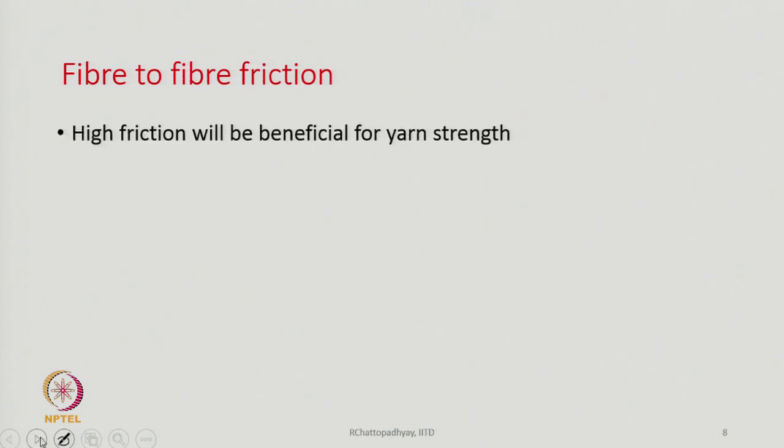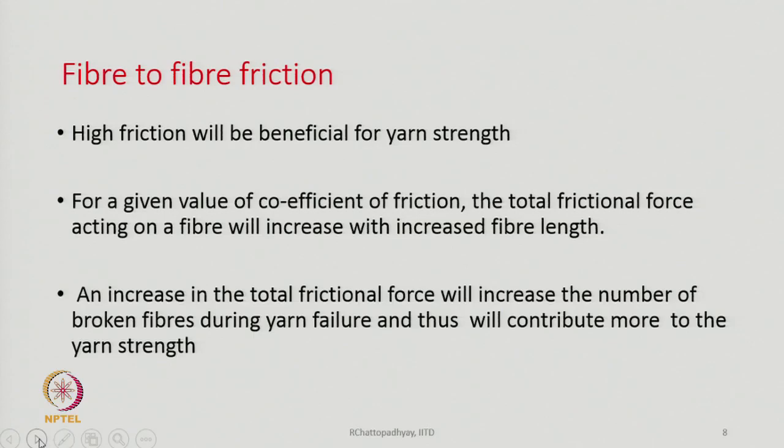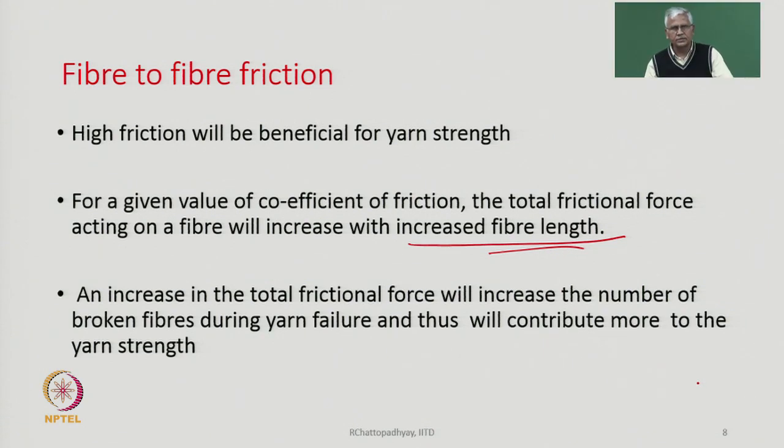Fiber to fiber friction, already discussed: more friction will be more strength. For a given value of coefficient of friction, the total frictional force acting on a fiber depends upon the fiber length. The longer the fiber, the more force is required to withdraw the fiber from the cross section of the yarn, because frictional resistance to slippage is going to be more. That is the idea, that these yarns can sometimes fail because of slippage.